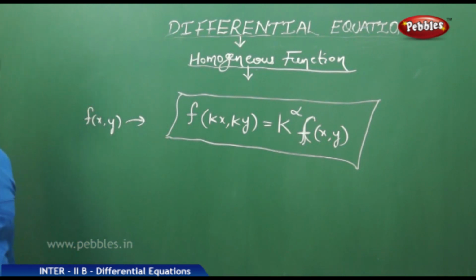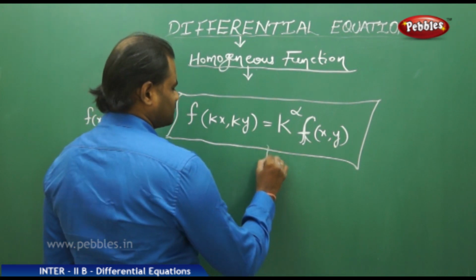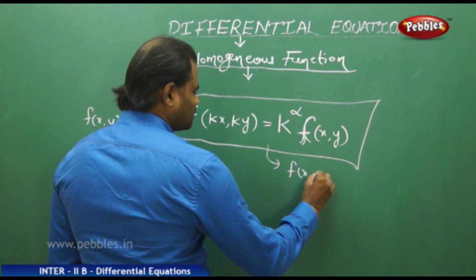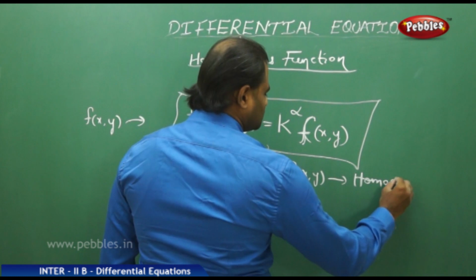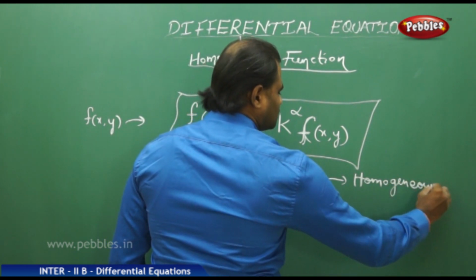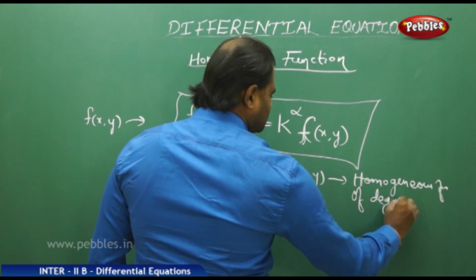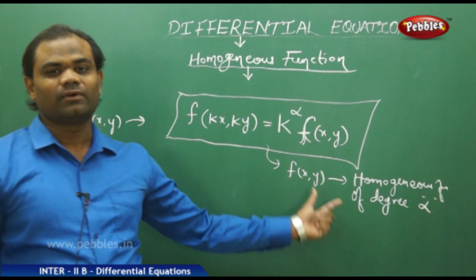Then that implies f of xy is called a homogeneous function of degree alpha in two variables x and y.